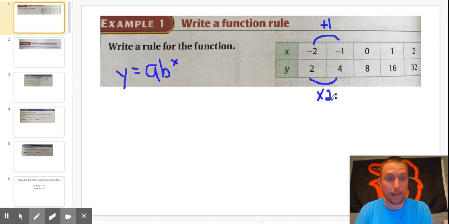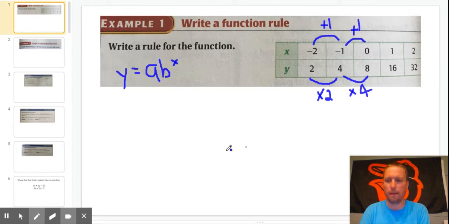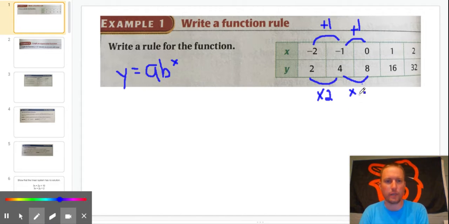It's going up exponentially. -1 to 0, that would be plus 1. 4 becomes an 8 by multiplying it by 2. Oh, not by 4. Geez Louise, I saw the 4 and wrote 4. By 2, yes, because 4 times 2 gives you 8.